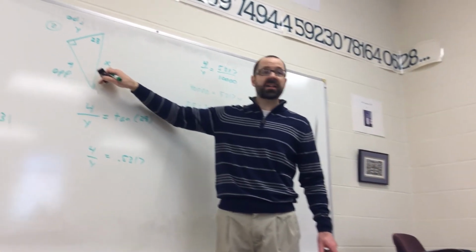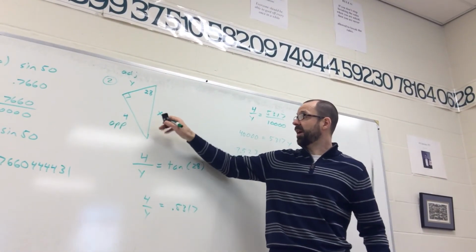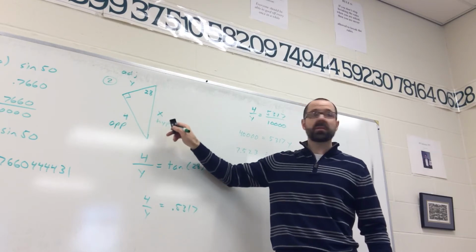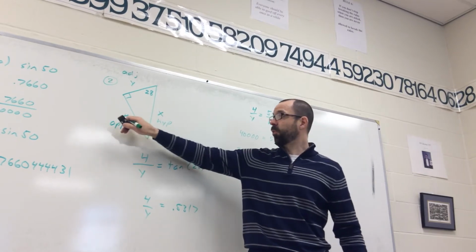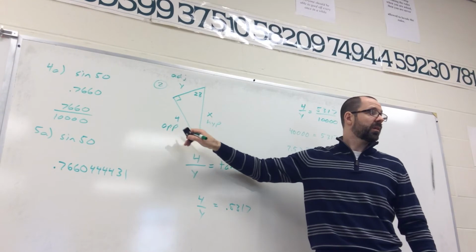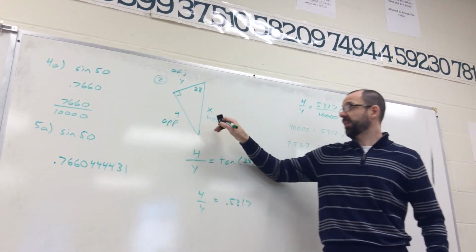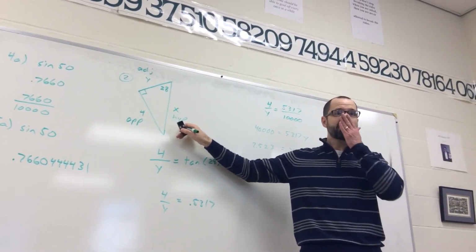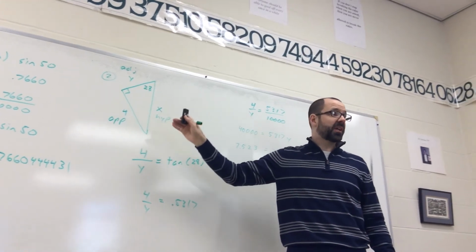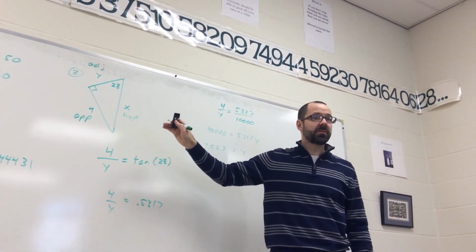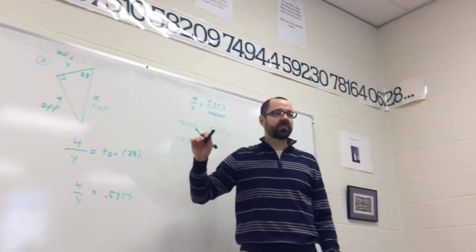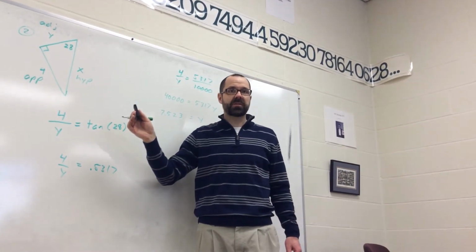Now I've got to go for x. X is hypotenuse. 4 is opposite. So now I'm dealing with opposite and hypotenuse. Which one of those is opposite and hypotenuse? We learned them yesterday. It's the sine that's opposite and hypotenuse.